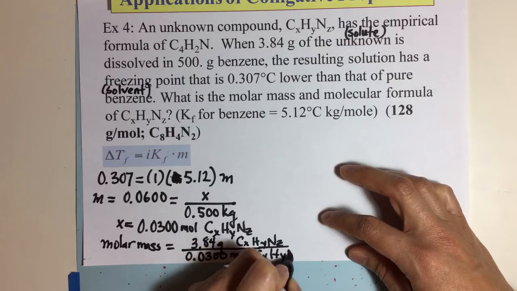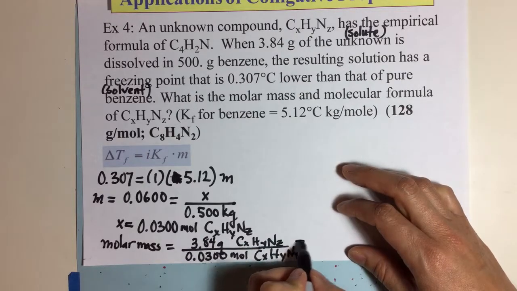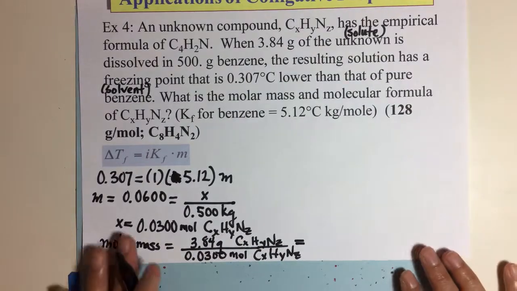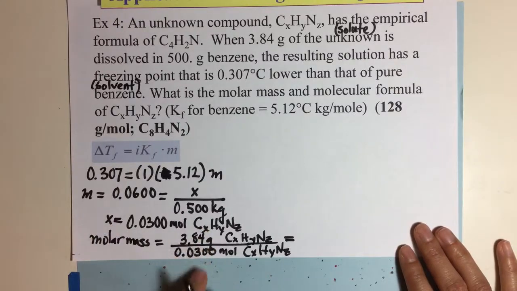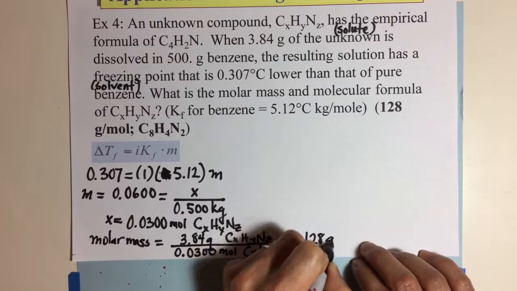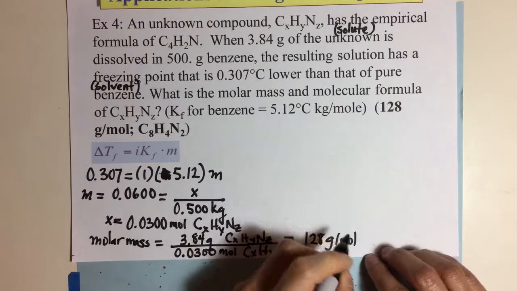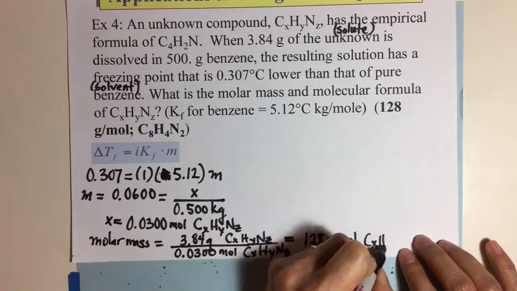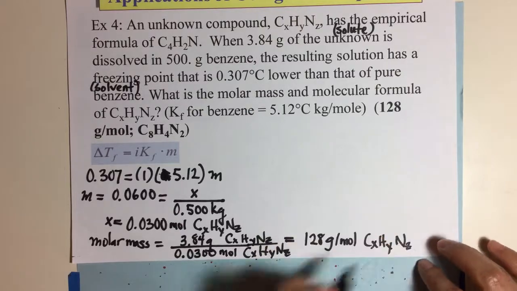As redundant as I am, labeling really does help me to guide myself through the problem. So divide these two numbers and you will get the molar mass to be 128 grams per mole of this compound.